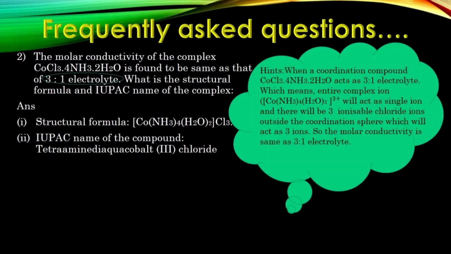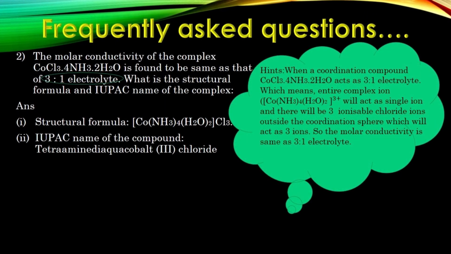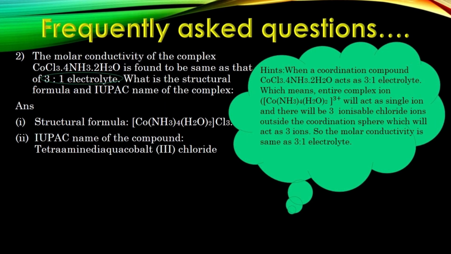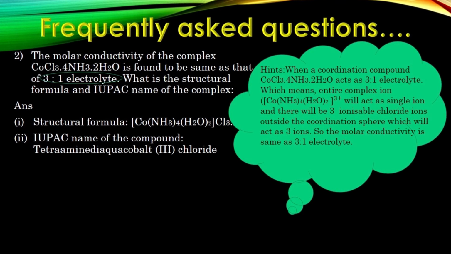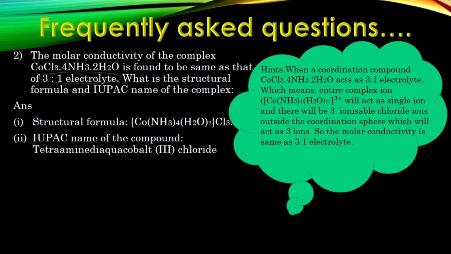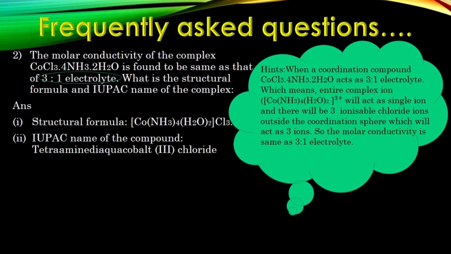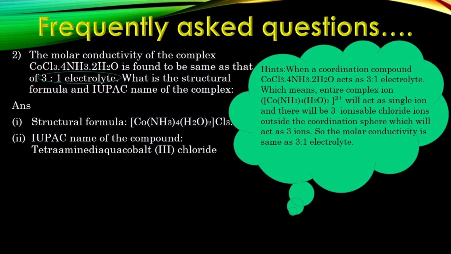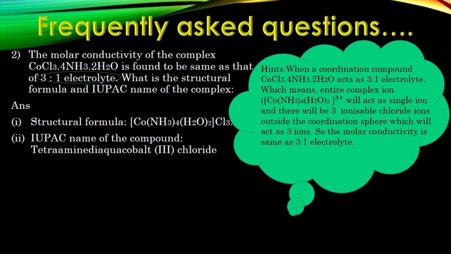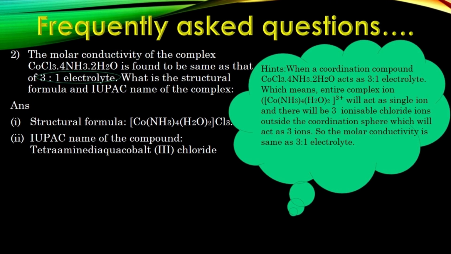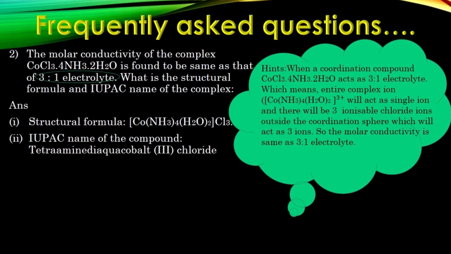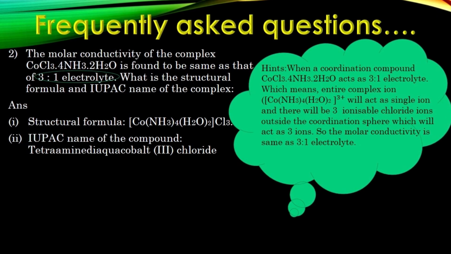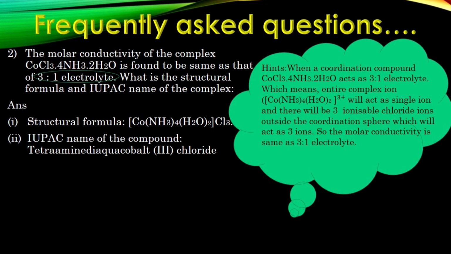The second frequently asked question is, the molar conductivity of the complex CoCl3·4NH3·2H2O is found to be similar to a 3:1 electrolyte. What is the structural formula and IUPAC name of the complex? Here the clue given is that this coordination complex will be similar to the nature of a 3:1 electrolyte.